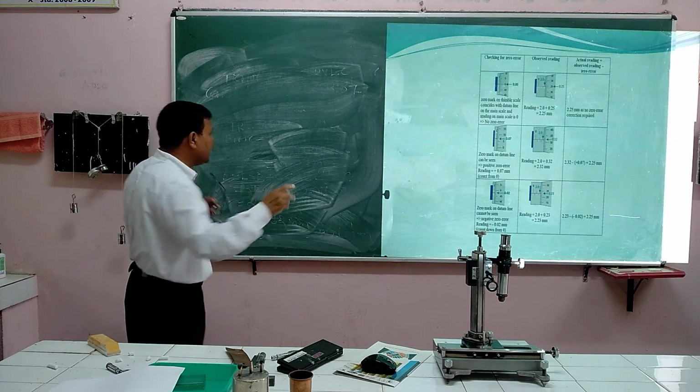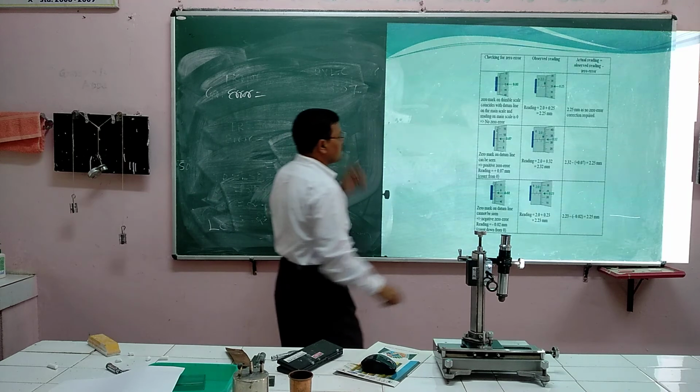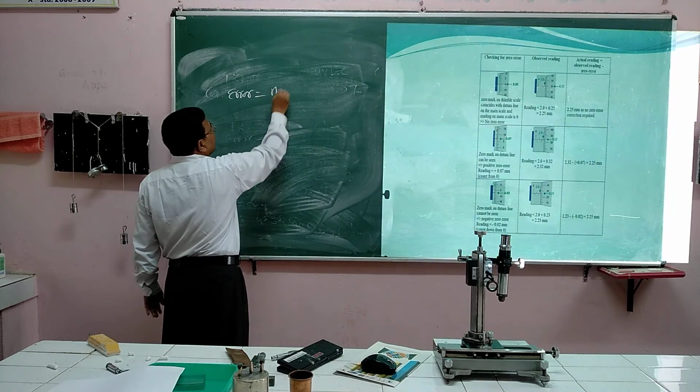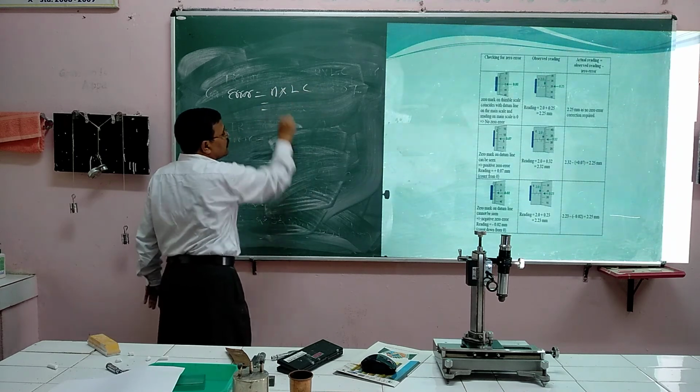First, let us find out the error. What is the error here? That is the number of coinciding circular divisions into its least count.